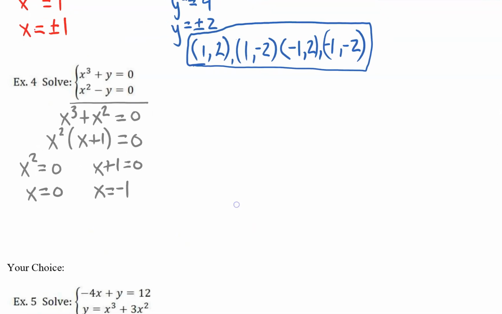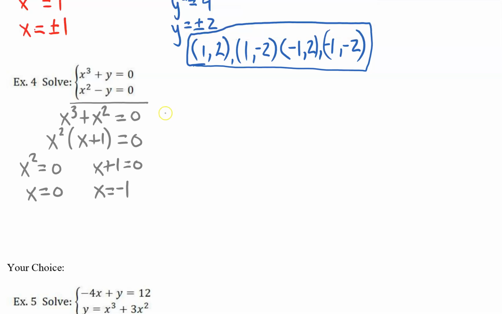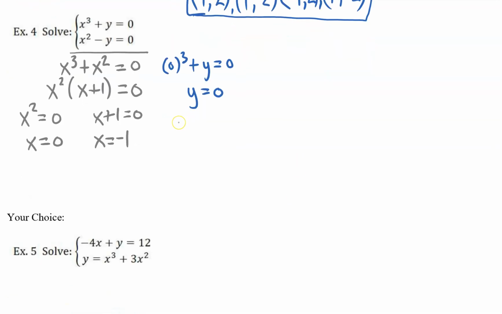Now I'm going to take that and I'm going to plug it back in and try to solve for my y's. So in the first equation, it really doesn't matter which one you use here. In the first equation, it's going to say 0 cubed plus y is equal to 0, so y is equal to 0. And in the second one, I'm going to plug in negative 1, so when I get negative 1 cubed plus y, that's going to be 0.